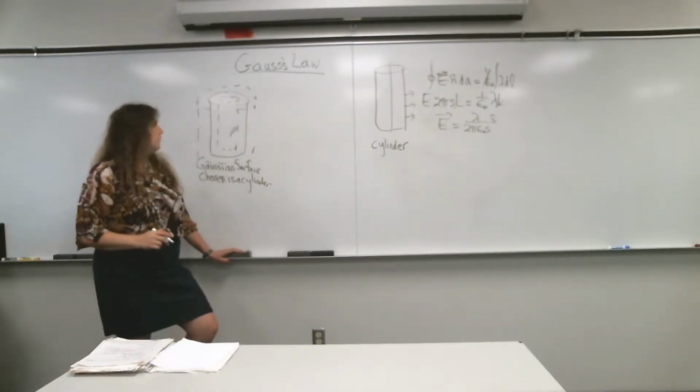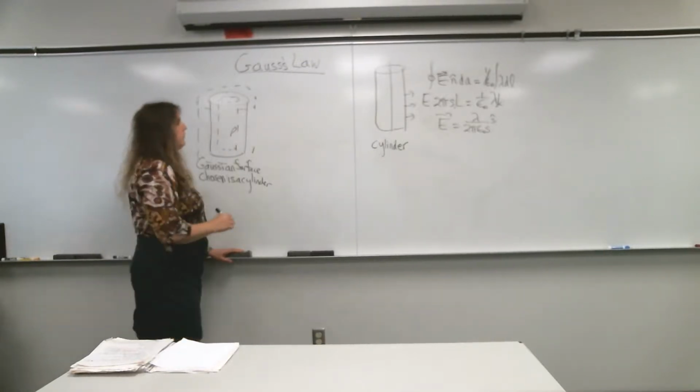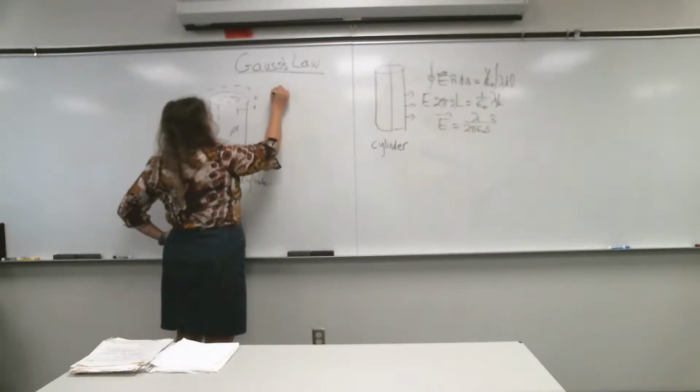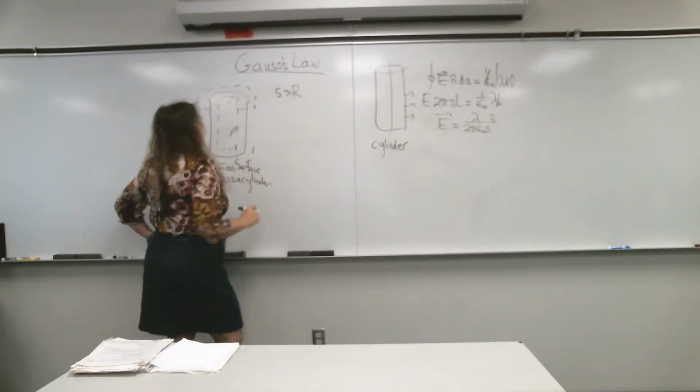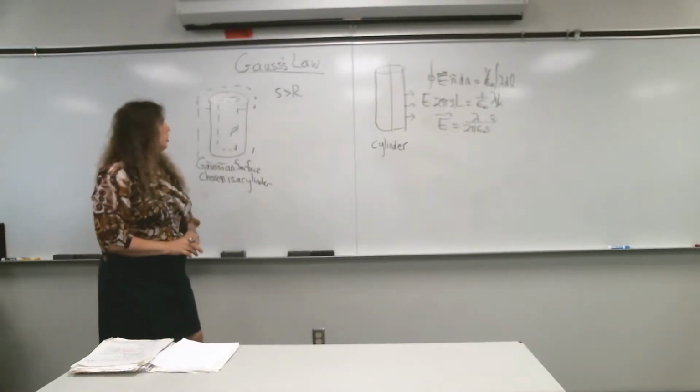And I've got my interior surface and my exterior surface. Let's do the exterior one first. We'll assume that our radius is larger than r.